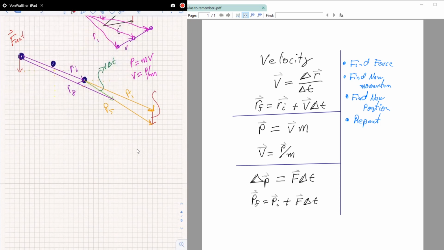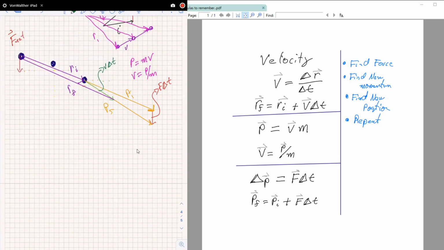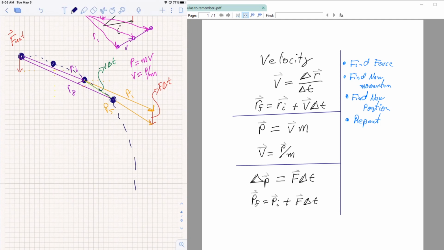Just like our change of momentum is our net force times change in time. But in both these cases, our change in time, conveniently, we have set as 1. If it was different, you would have to take that into account. But all this means is that the new object's position is right there. So you can see that this ball, as predicted, is taking a nice path, and we can even predict the curved slope this would take. All right, so that is how you will be needing to do this homework.